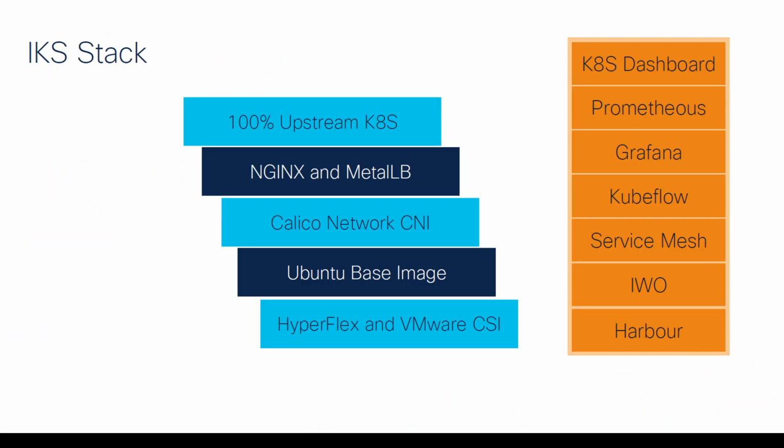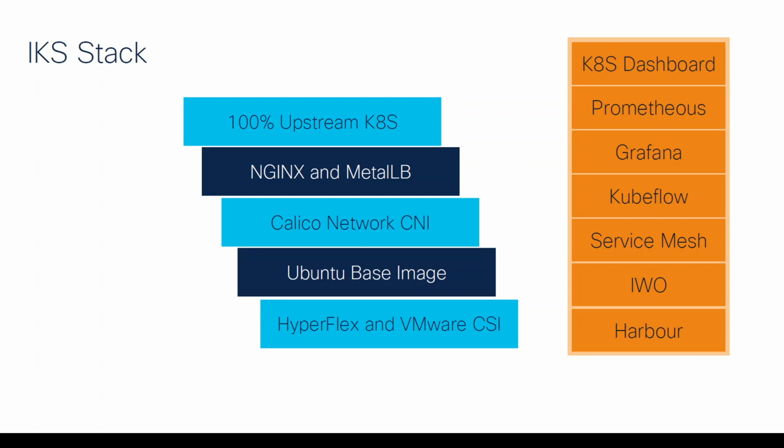This slide talks about the Kubernetes stack, which kind of involves a bunch of different things. So at the base layer, for your container storage interface, today you can use VMware. Hyperflex Data Platform is being added. We've already mentioned that for the operating system, we use Ubuntu as our base image. For our container network interface, we're using the Calico plugin.